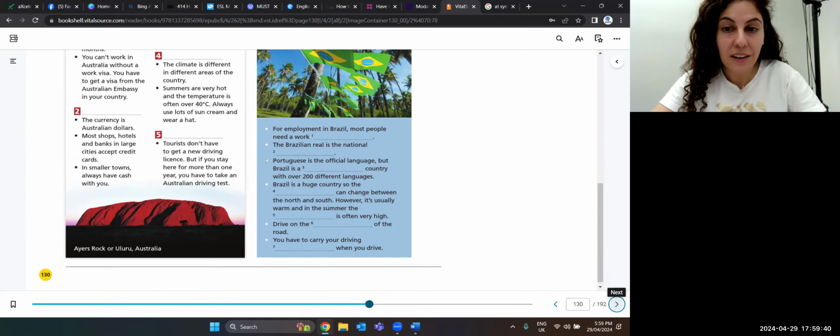Portuguese is the official language, but Brazil is a multicultural country with over 200 different languages. Brazil is a huge country, so the climate can change between the north and the south. However, it's usually warm, and in the summer, the temperature is often very high.